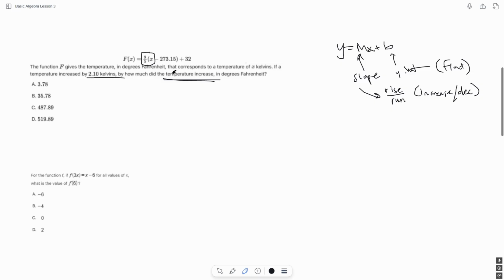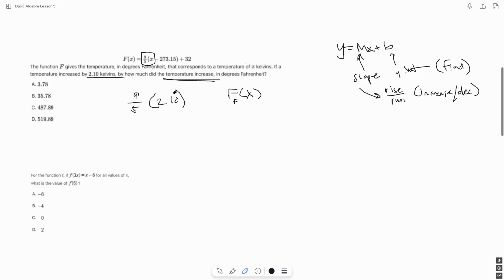So if you're ever not given a calculator, or you want to do this quickly, all you actually have to do here is, since it increases by 2.10 kelvins, you just plug in 2.10. And then again, this doesn't matter and this doesn't matter. Because if you did the long way where you did final minus initial, right? This is going to stay the same. You're just going to subtract them from each other, and it's just going to equal 0 anyways.